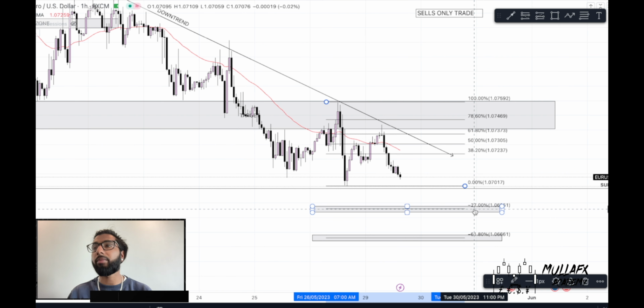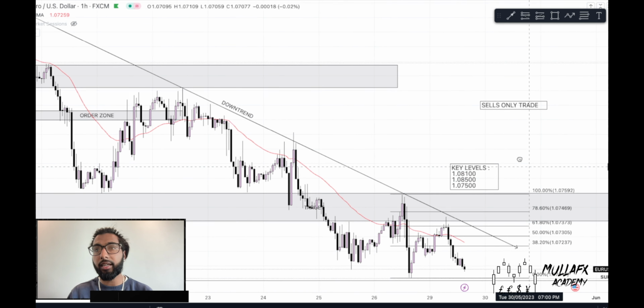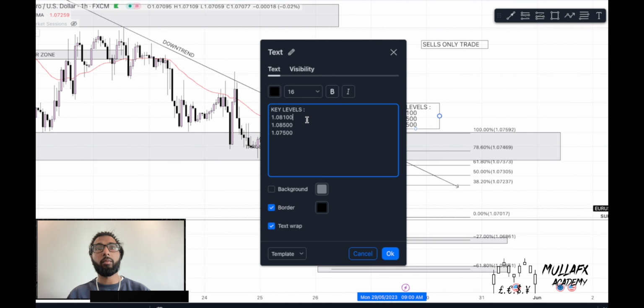Okay, so let's get this key level back here now. 1.0685, we're just going to delete these other key levels now.